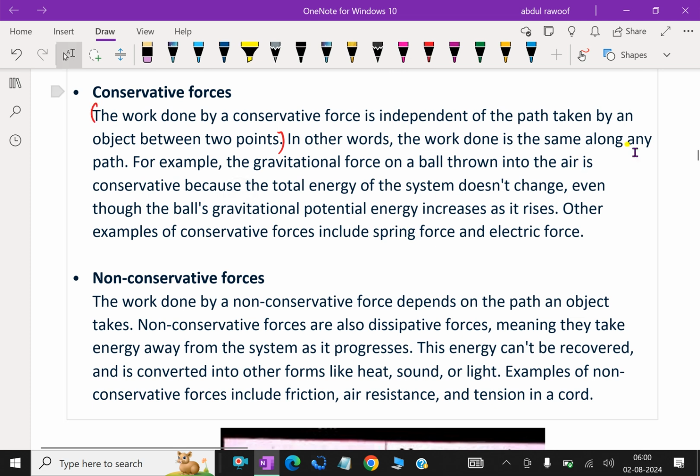In other words, the work done is the same along any path. For example, the gravitational force on a ball thrown into the air is conservative because the total energy of the system does not change, though the ball's gravitational potential energy increases as it rises. Other examples of conservative forces include spring force and elastic force.